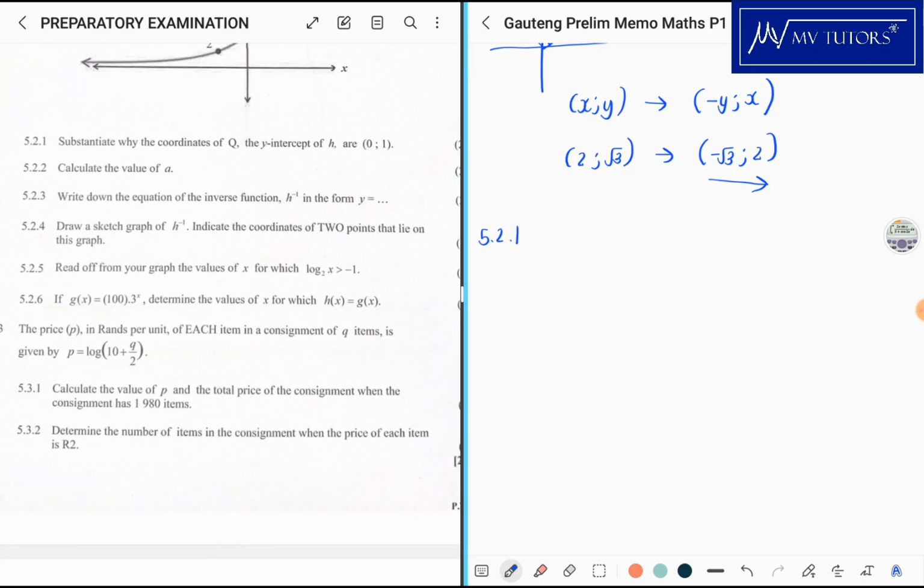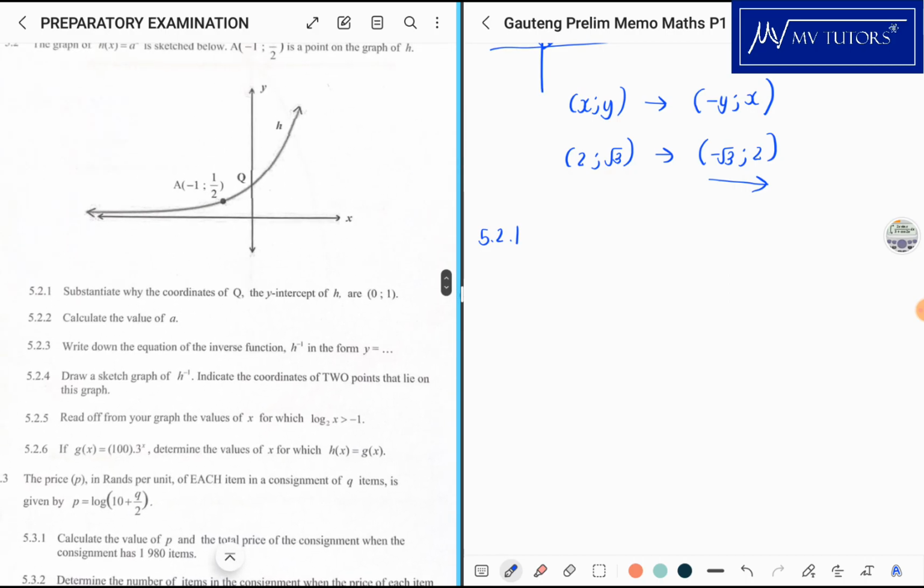Now it says, substantiate that the coordinates of Q, the y-intercept of h, are 0 and 1. Okay, so for the y-intercept, x has to be 0.